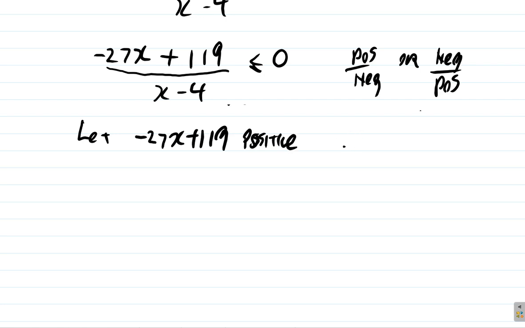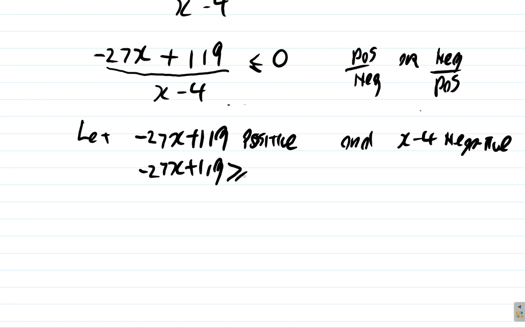Let this be positive, and the x minus 4 be negative. What happened in this case? What we have is that negative 27x plus 119 is going to be greater than or equal to 0. And x minus 4 is less than 0.